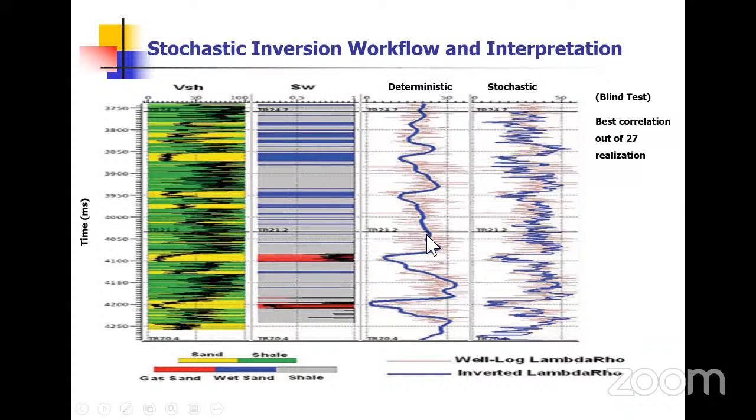You can see that, even though the trend of the inversion and the well are following each other, there's a lot of fine resolution from the well that the inversion was not able to pick, because your sampling rate first is 4 milliseconds, which is coarser than the resolution of the well.